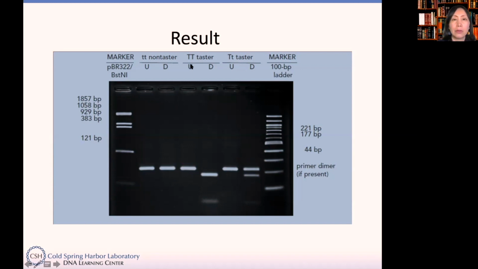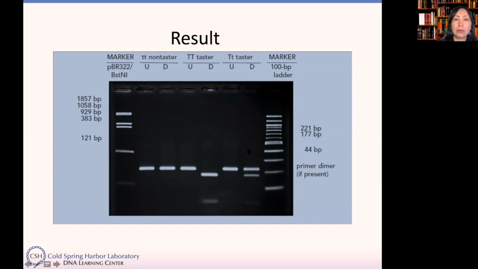Student number 2 here, under the D lane, you see 2 bands. That means this student, in his genome, only has the taster gene sequence. So his genotype is big T, big T. We predict he's a taster.